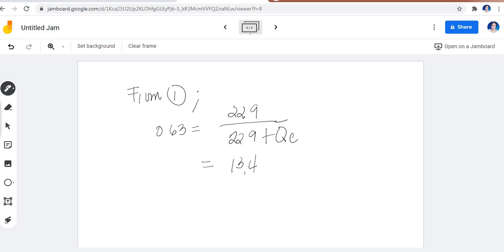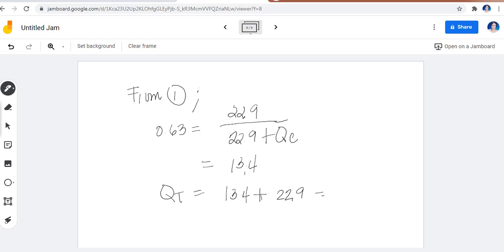In this case, you will have a value which is 13.4. If we account for the total cooling load of your coil, that would be 13.4, the latent heat, plus the sensible heat, which is 22.9.